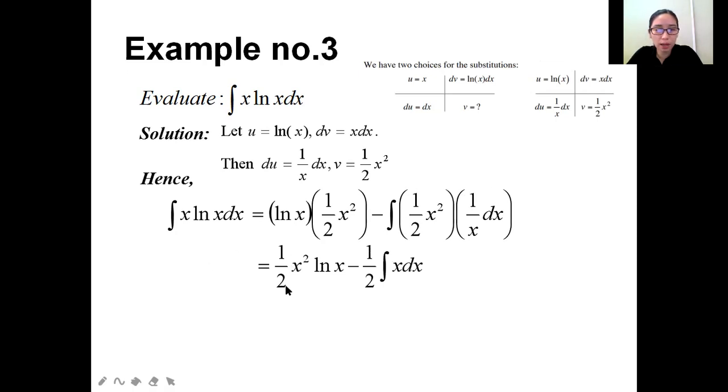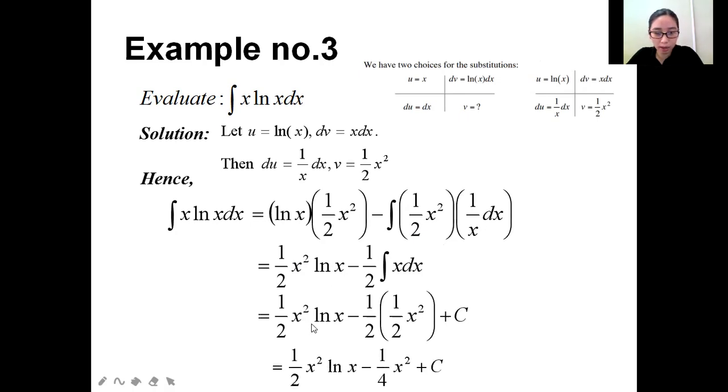Now we have 1/2 x squared ln x minus 1/2, since we pulled out the coefficient, integral of x dx, since x squared times 1 over x will become x dx. So, it is easier to solve. Okay? So, we now have our final answer as 1/2 x squared ln x minus 1/4 x squared plus c. So that's our final answer.